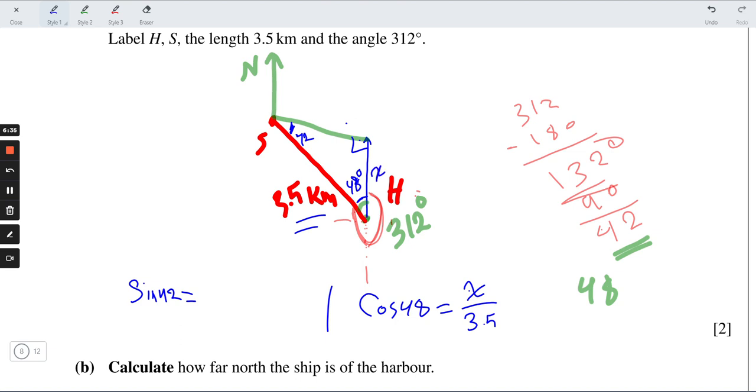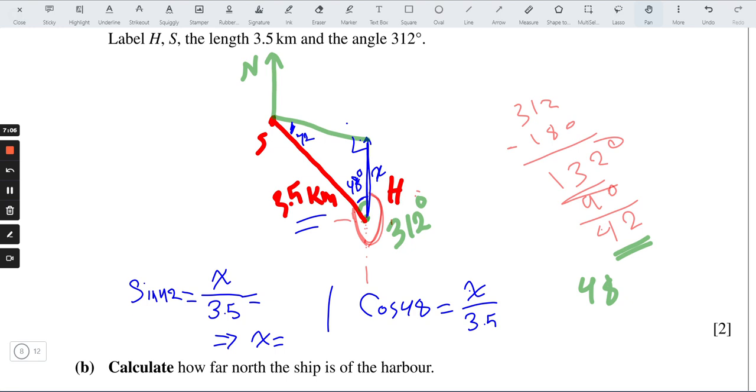Yes, x, sorry for this mistake, adjacent here, because we are using the cosine, and the cosine is adjacent over hypotenuse. Same for sine 42, which is opposite over 3.5. So you have to cross multiply, then you will get x equal to sine 42 times 3.5.